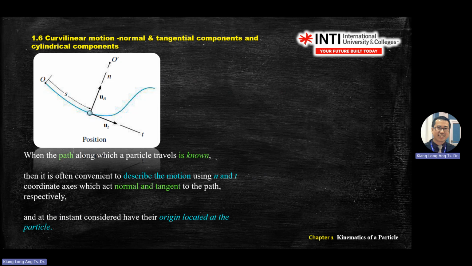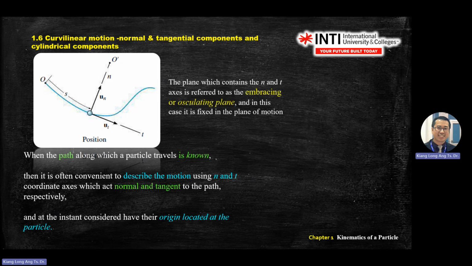Okay, the rest you read. Important, you understand. When you're seeing a curve, what should you do? Establish the axes first, T and N. Then write where your UT and UN are. This is the unit vector.